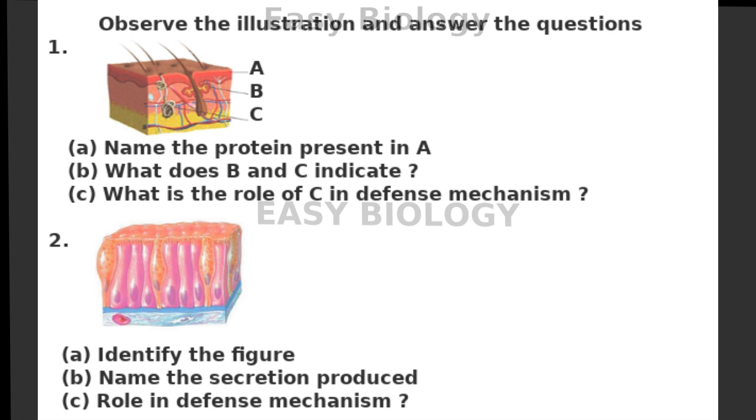The mucous membrane produces mucus. The pathogens are trapped in the mucus. They get destroyed. The destroyed germs are expelled out by the cilia cells of the mucous membrane.